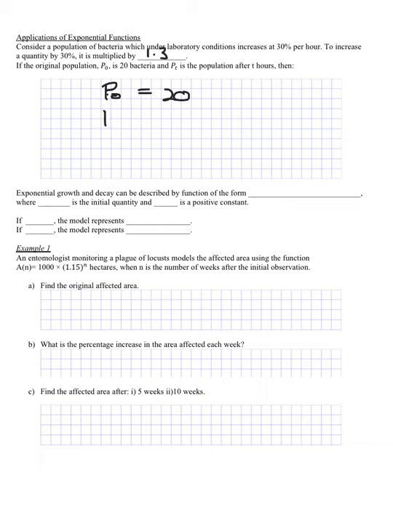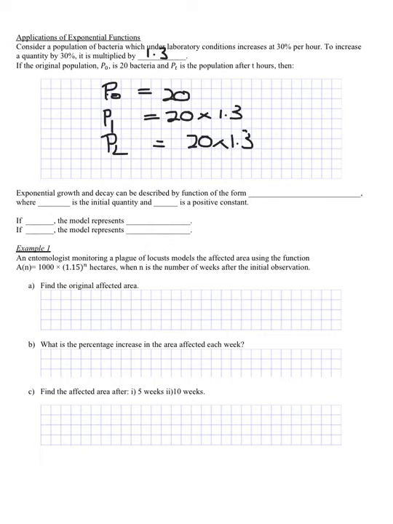If we were going to do P1, we'd have to do 20 times 1.3. Now if we were going to do P2, we'd go 20 times 1.3, and then we want to increase that again by 30%, so we'd times it by 1.3 again.